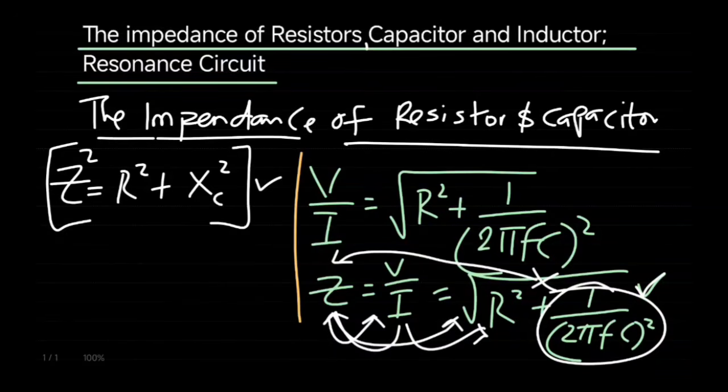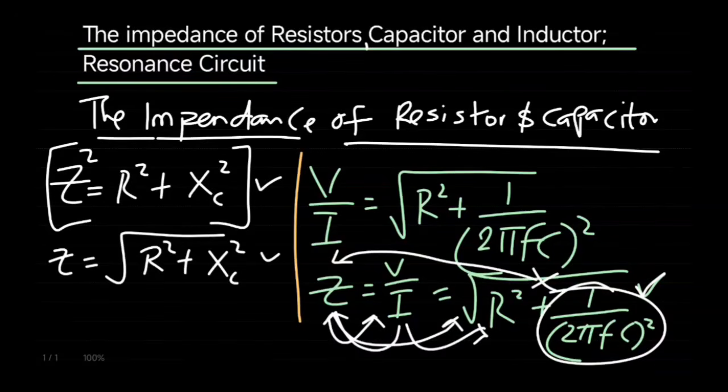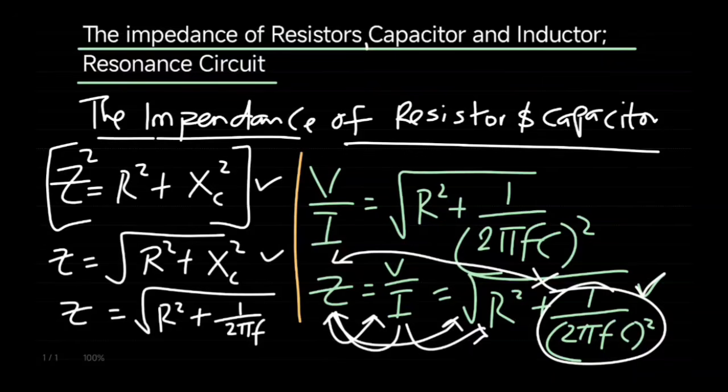If you open up this guy, you still have Z is equal to square root of R square plus XC square. If you open up this other guy, you still have Z is equal to square root of R square plus 1 all over 2 pi FC all square. So these are the equations for the impedance of resistor and capacitor, and that's how to derive it.